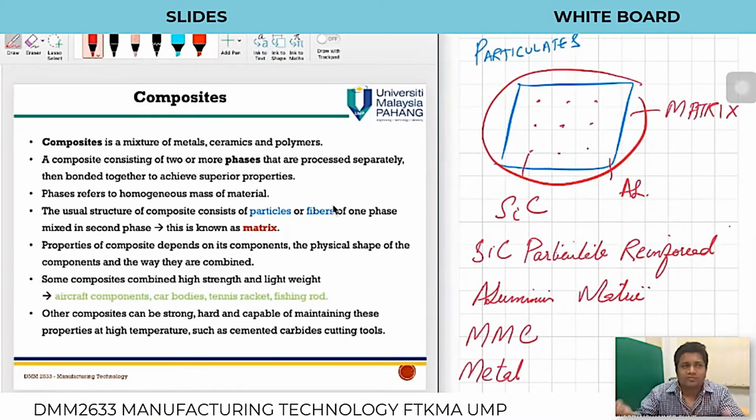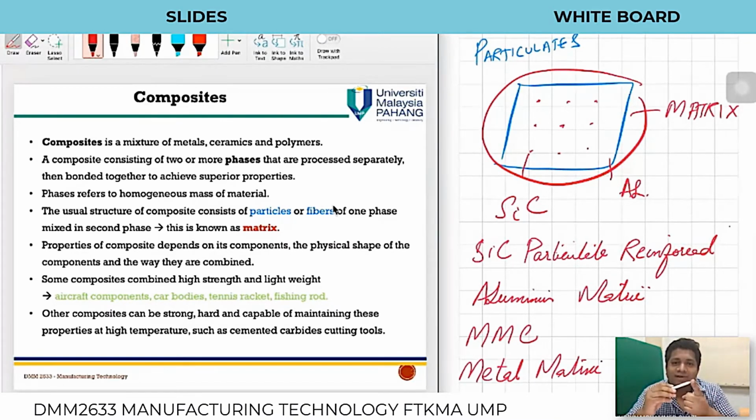This is just for your further information. This is not a part of manufacturing, but at least you should know the different types of composites and what a metal matrix composite is. So we have learned about metals.